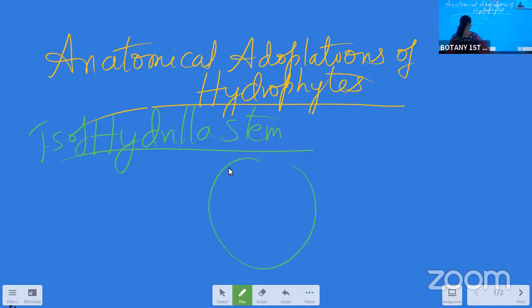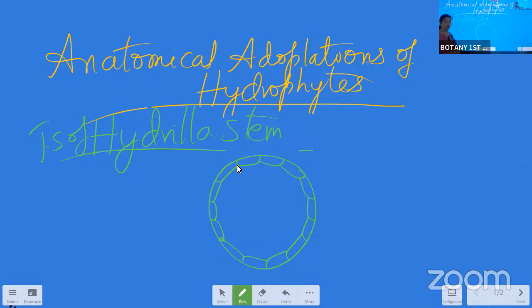First, draw the outline as a circle. Okay, exact circle. And this will be having the epidermis. Epidermal cells are simple parenchymatous rectangular shaped cells placed without intercellular spaces. And all these cells are very thin walled cells.